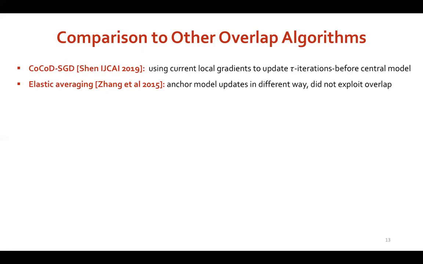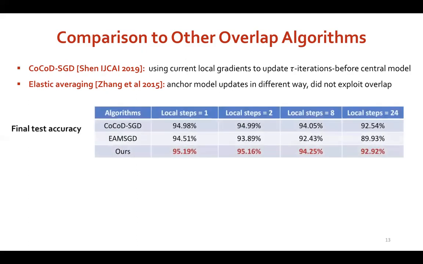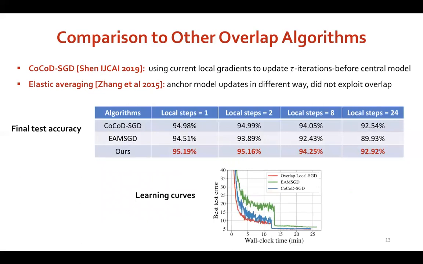And elastic averaging actually did not note that you can overlap computation and communication and did not implement it in this overlapping fashion. So we compared the proposed method with these two and observed that this new algorithm empirically does about the same or slightly better than these existing methods. And the learning curves also validate that insight.